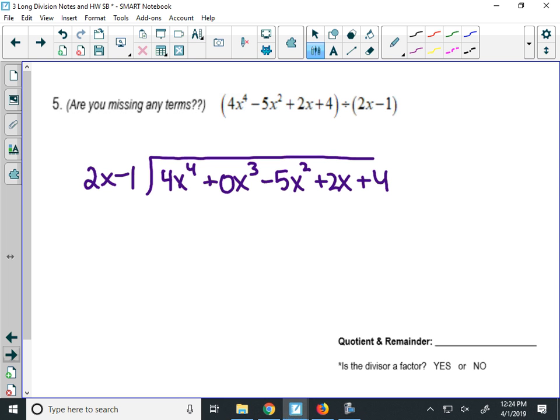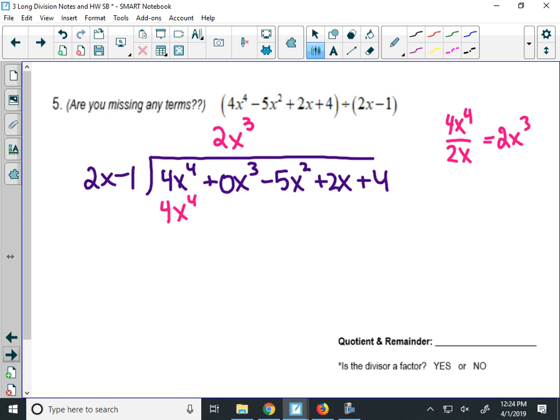4x to the 4th divided by 2x. What do we have? 2x cubed. All right, so I put the 2x cubed up here and multiply. It gives me 4x to the 4th. Now here's where we also have to be careful.